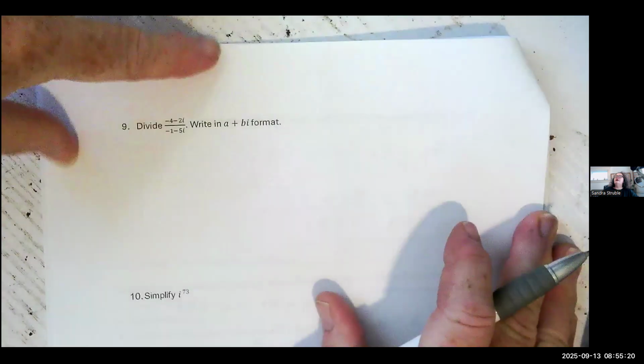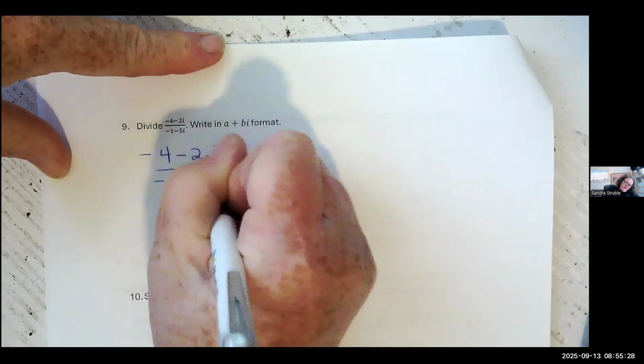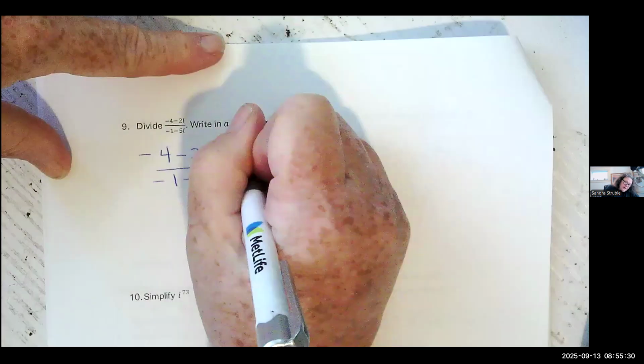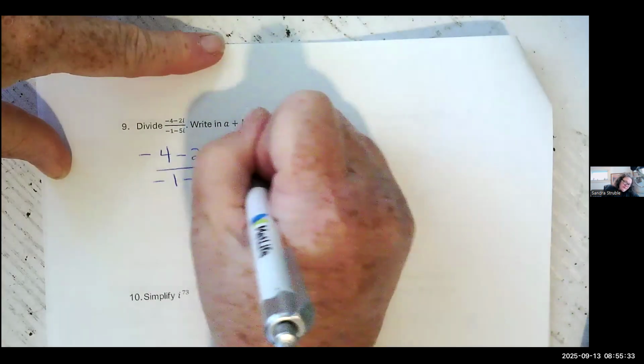Next: -4 minus 2i over -1 minus 5i. And we want to multiply this by the complex conjugate of the denominator.